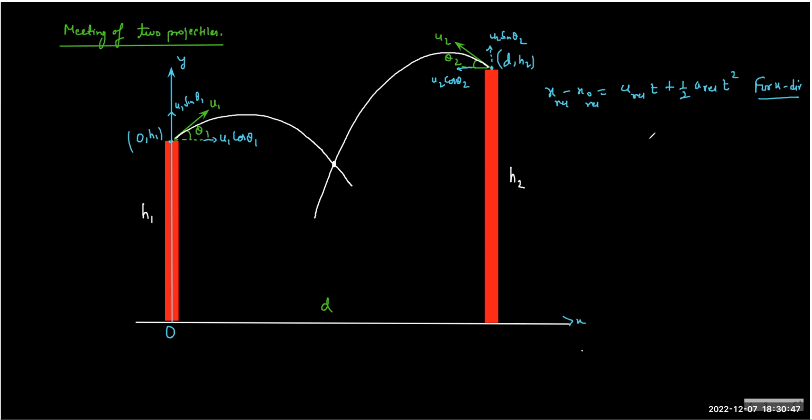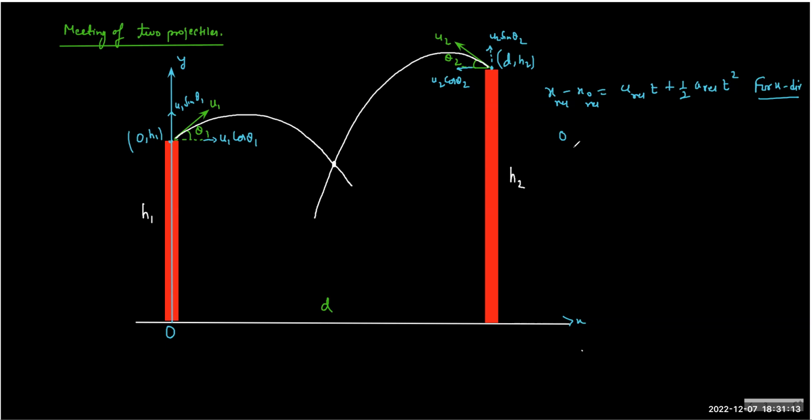You just write it down in mind and then substitute the values while putting it on paper. To begin with, can we write this as 0? Yes or no? The x relative will be 0 at the time of meeting, isn't it? Yes. So the first part is done, that it is 0 at the time of meeting.